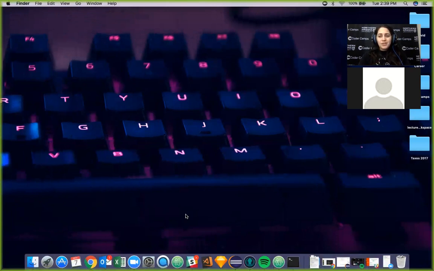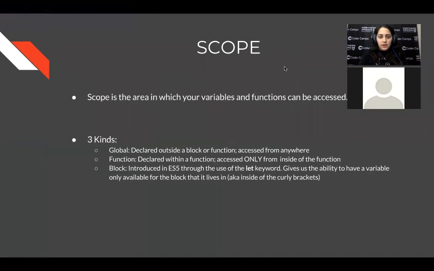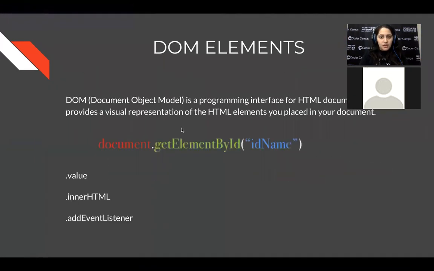But you essentially want to steer away from global variables because they're going to cause problems, especially when you have a bunch of code. So if you can avoid the global variables, you kind of want to stick to function and block.